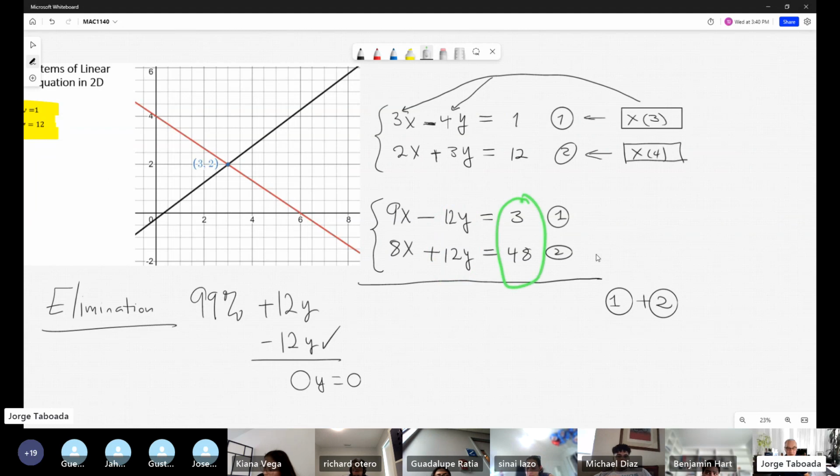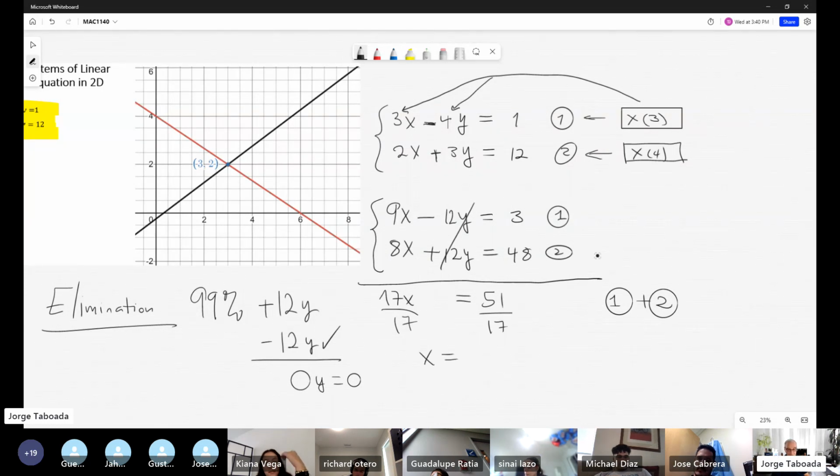And that column is the column for the right-hand side number. It's just a number. And you add, this is 17. 9 plus 8, 17. Cancel out, 0, nothing. Equal 51. Wow, now it's pretty easy. You divide by 17 both sides. x equals 3.